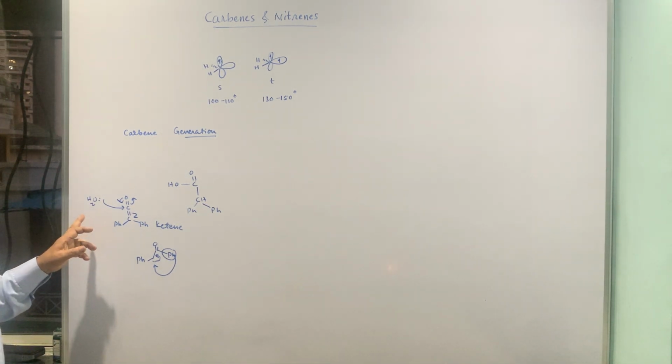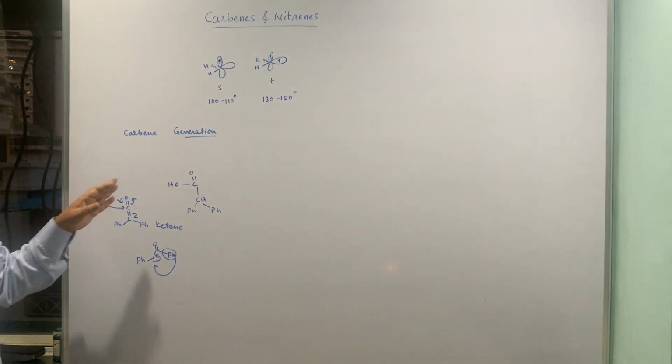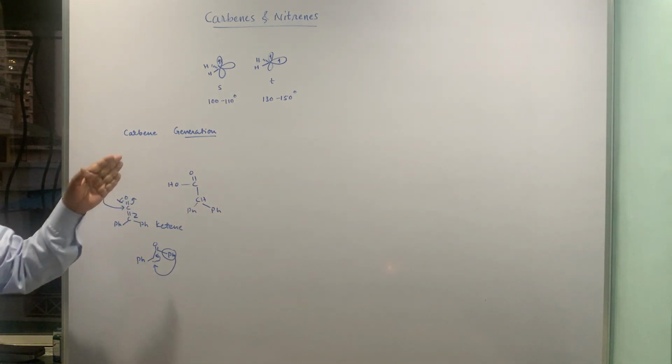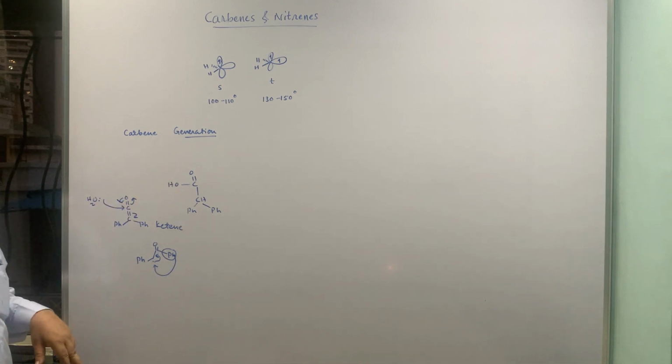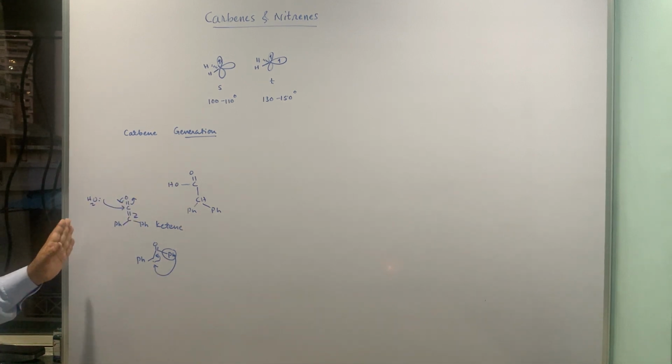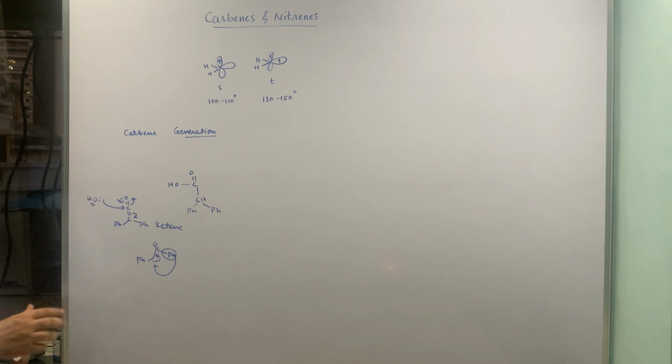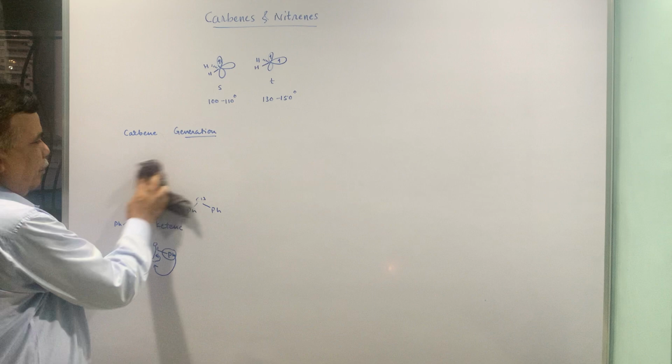If I add ammonia, it will form amide and so on. If I add alcohol, it will form ester. So ketene is a polar molecule and a polar intermediate, you can say, and you can add any polar reagent like water, ammonia, alcohol, etc. Okay.